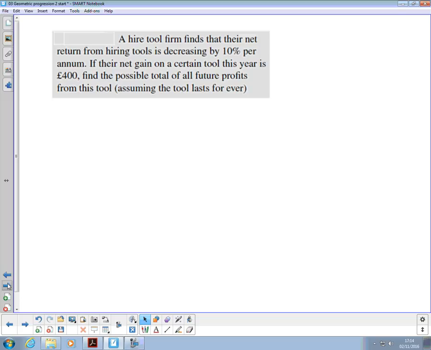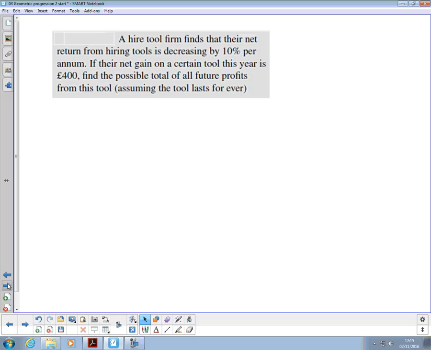On the next page, there's an example of a more practical nature. A hire tool firm finds that their net return from hiring tools is decreasing by 10% per annum. If their net gain on a certain tool this year is £400, find the possible total of all future profits for this tool, assuming the tool lasts forever.